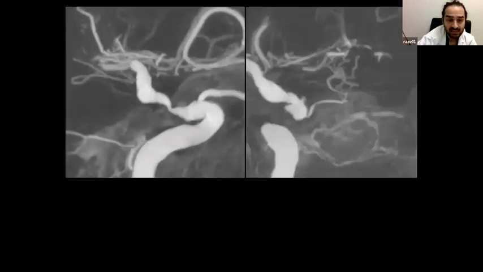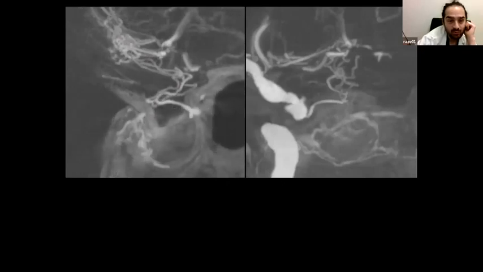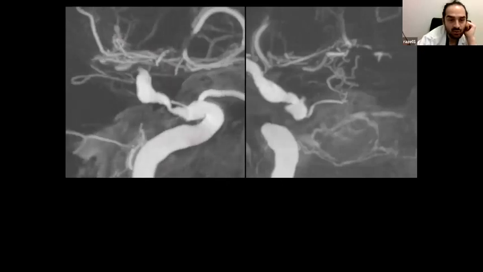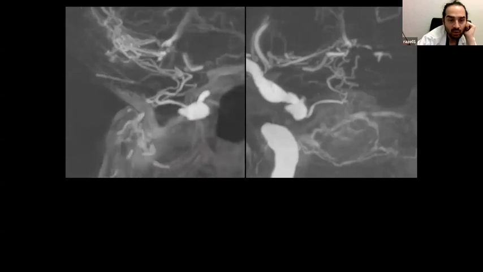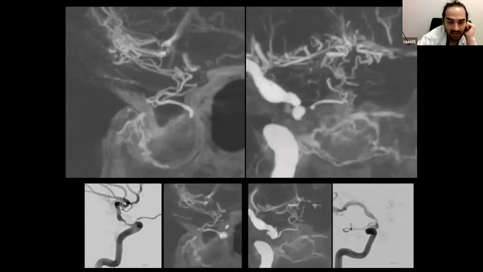What do they represent? This is cross-sectional imaging from a Dyna CT, and you can follow this vessel. You see how it goes up in the midline toward the hypothalamus and then joins the anterior cerebral artery. You see them here on the coronal plane going medially through the hypothalamus to the anterior cerebral artery.